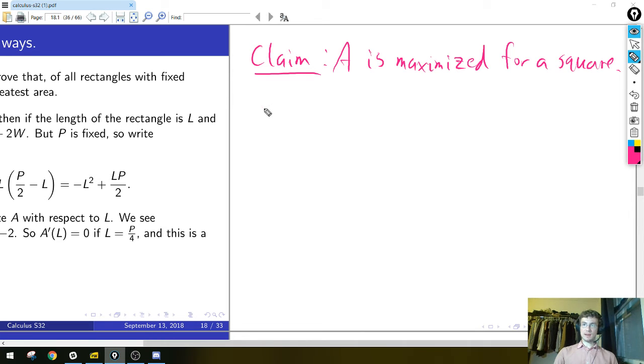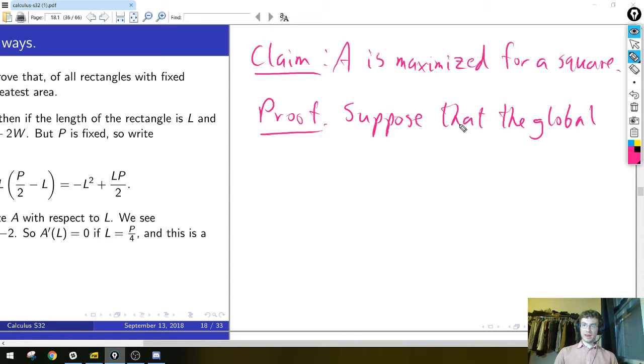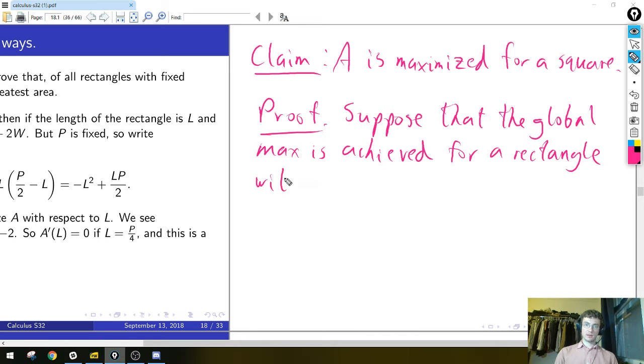Here's the proof. We're going to suppose that the global maximum for the area is achieved for a rectangle, so L and W are not equal, and let the dimensions be, say, length L and width W. We're supposing by way of contradiction it's not a square.